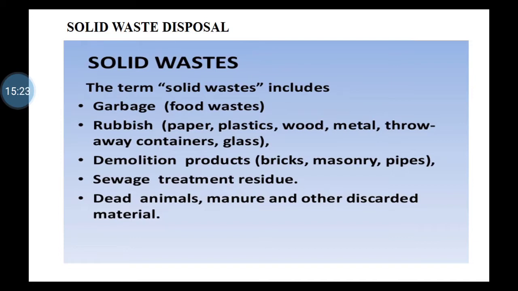Then demolition products, which include plumbing material, construction material, PVC material, metals. Then sewage treatment residues, dead animals, manure, and other discarded material. All this comes under solid waste, or simply you can call it refuse or waste matter.